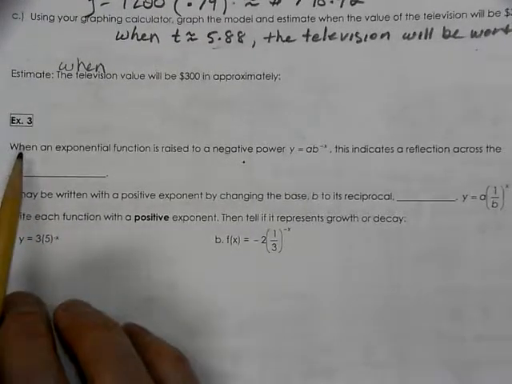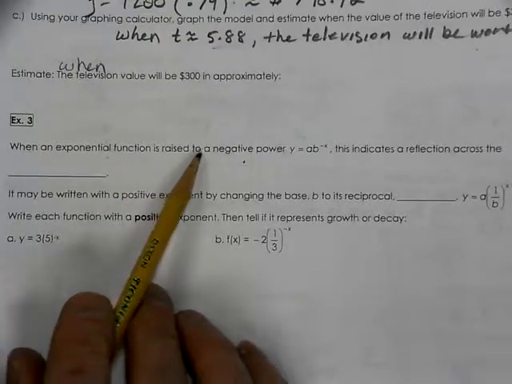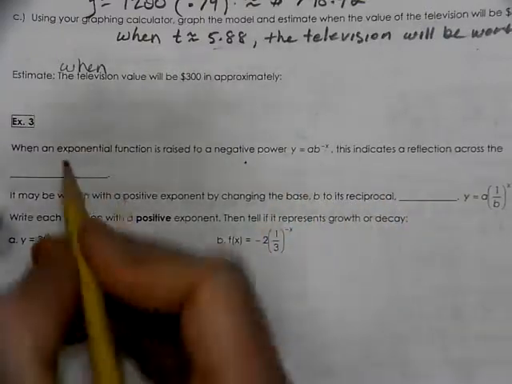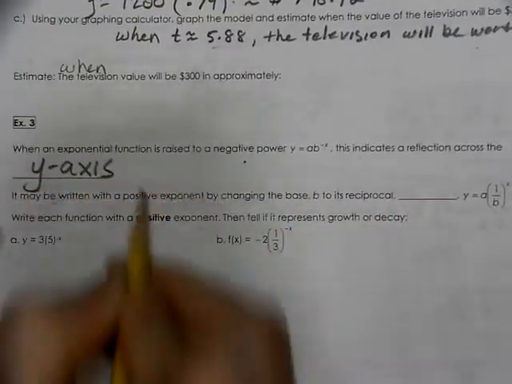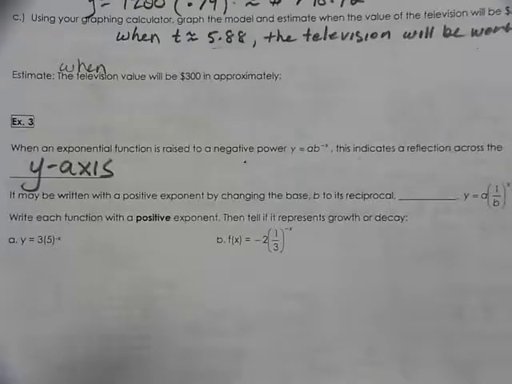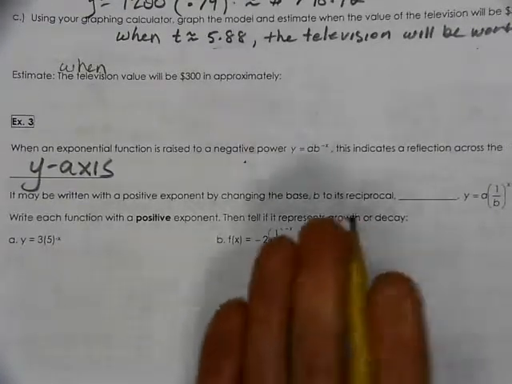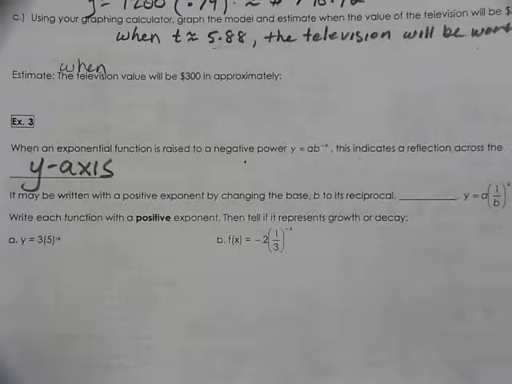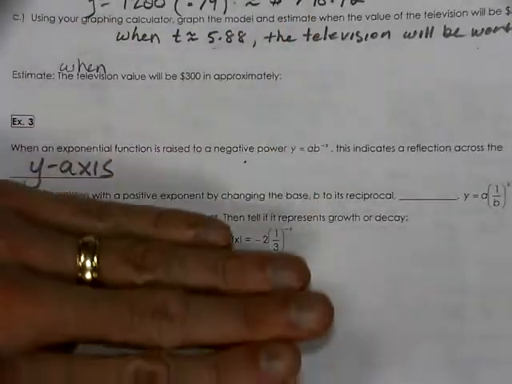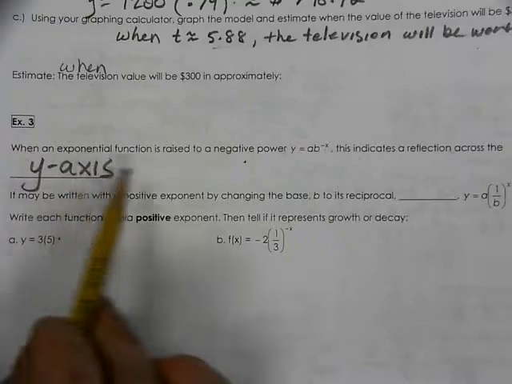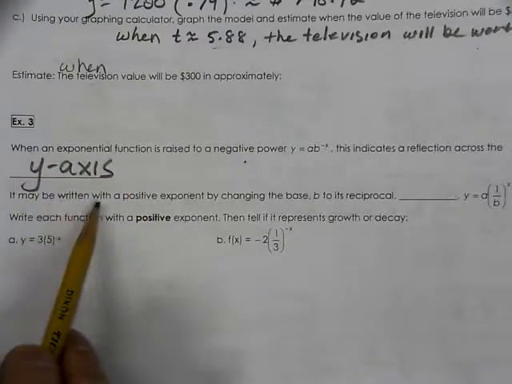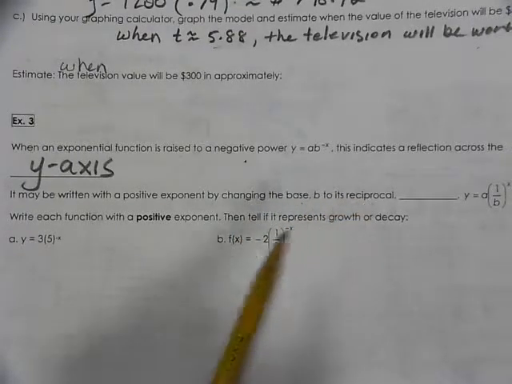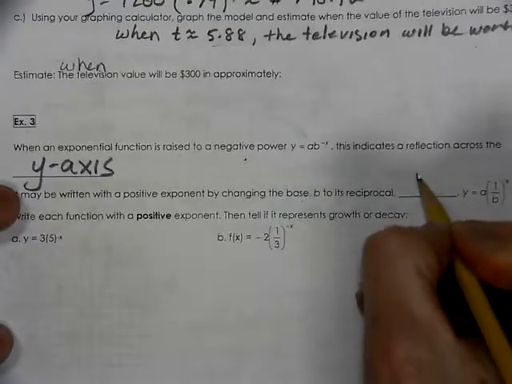Okay, number 3. When an exponential function is raised to a negative exponent, this indicates a reflection over the y-axis. Because x is negative, it is going to flip the graph over the y-axis. When the a value is negative, it flips it over the x-axis. This is flipping it over the y-axis. It may be written with a positive exponent by changing the base to its reciprocal, which is 1 over b.